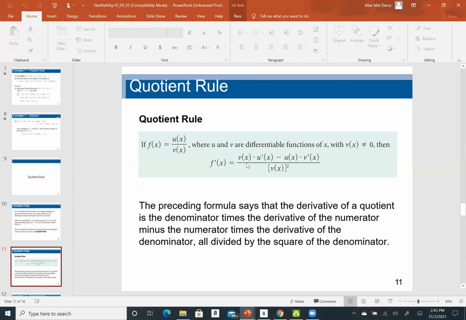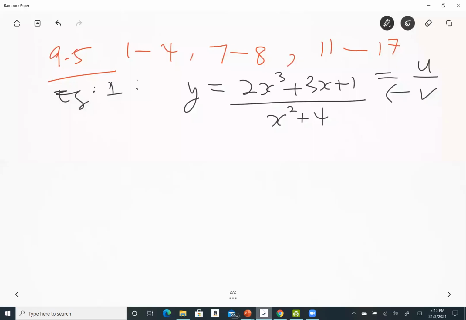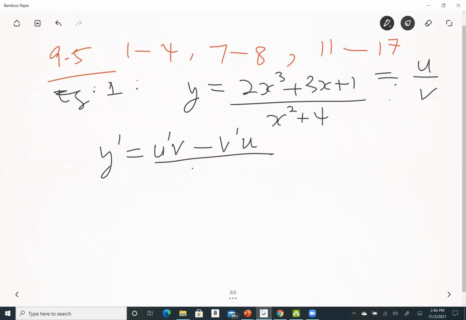So if y is equal to u over v, the derivative is y prime equal to u prime v minus v prime u. This is a negative sign, it's not positive. Everything divided by v squared. So that is the quotient rule.